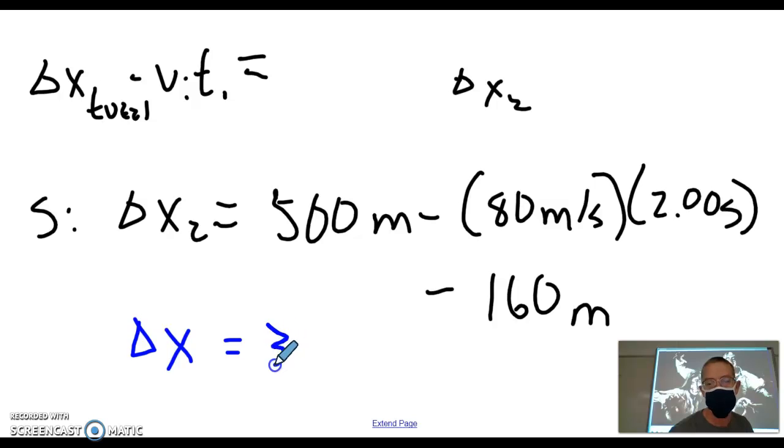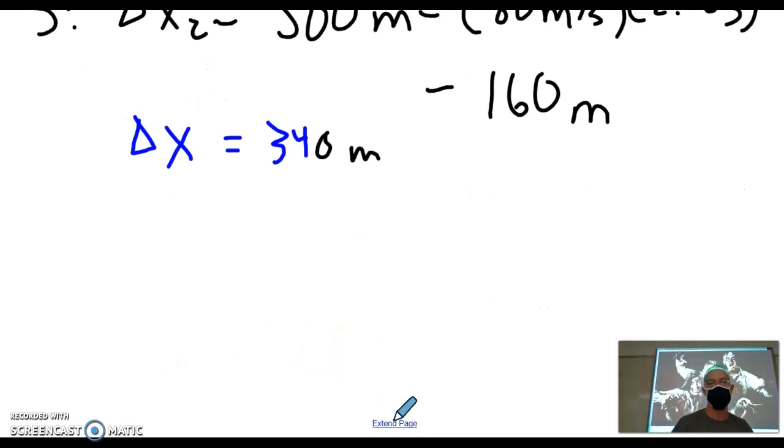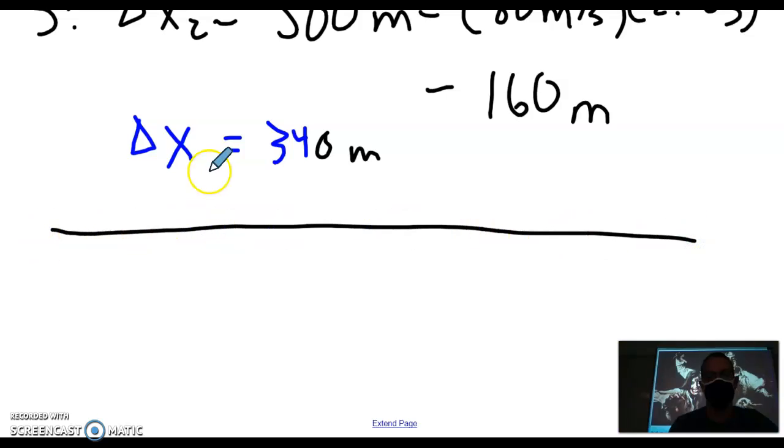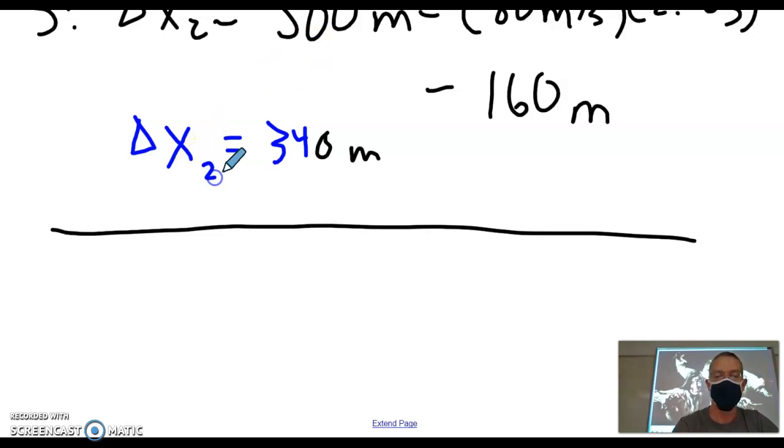Okay, that's good. So we now actually have a new given that we can work with. This was actually delta x2, so that's my second displacement.